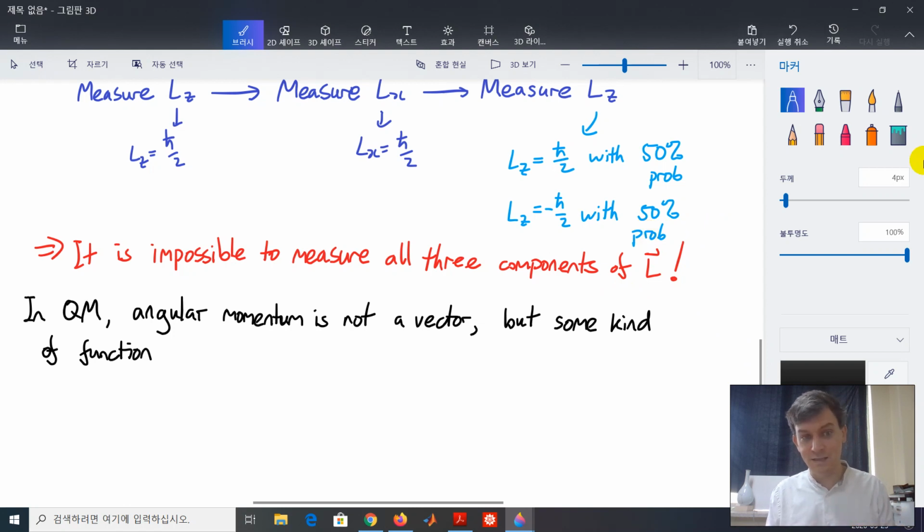Just like in the problem 2 example here, when you measure Lz for the second time, you find 50% chance of plus and 50% chance of minus, and this is what the angular momentum tells you. It doesn't tell you L is pointing like this. It says if you were to measure L in this particular direction, then you have a certain probability to find plus and a certain probability to find minus.